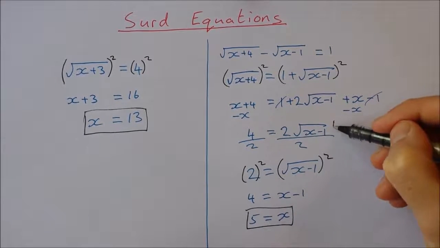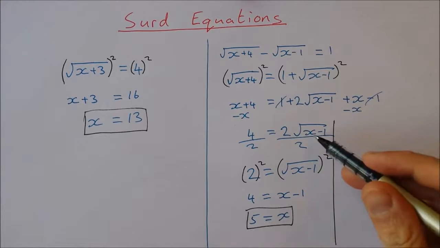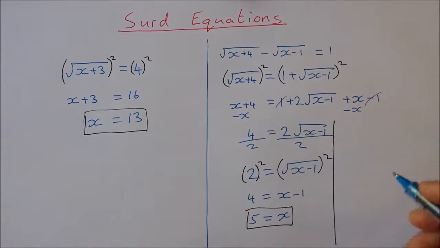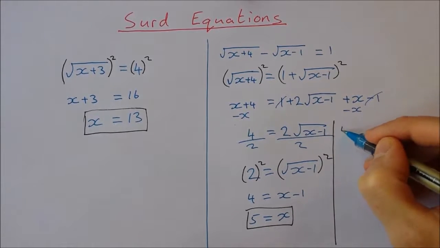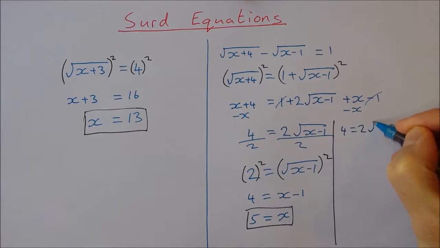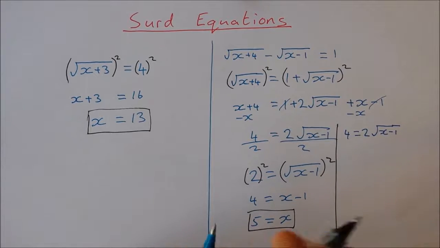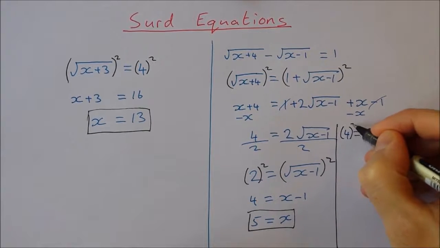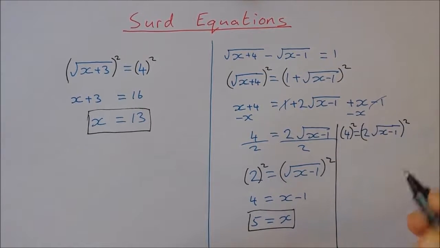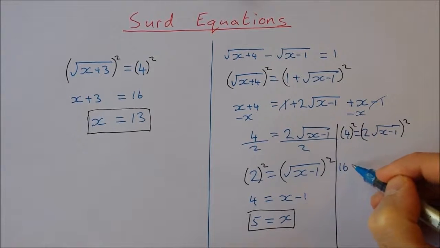Now the other method that I could have used at this stage here was just to square both sides as they were. So 4 equals 2 root x minus 1. So if I square both sides now, 4 squared is 16.